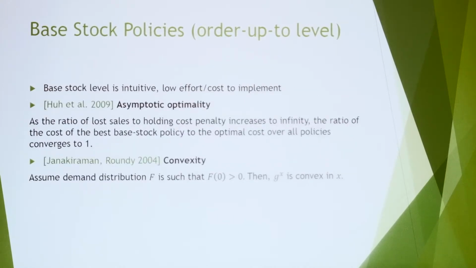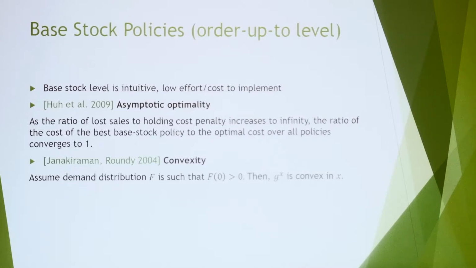So why use base stock policies? First off, simply, the base stock policy is very intuitive. It's low cost, low effort, and easy to implement. And also, it was shown to have what's called asymptotic optimality, which means that as your lost sales cost becomes much greater than holding cost, you can converge to the optimal cost over all policies.